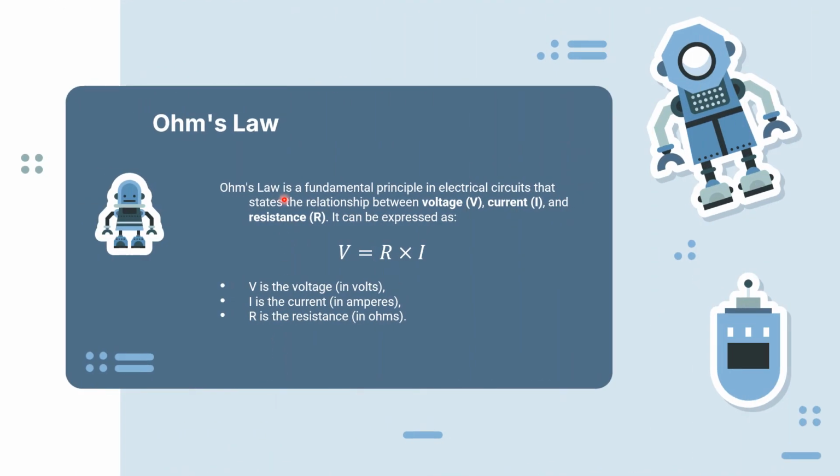As I said, Ohm's law is a very important law in electronic circuits that consists of voltage, resistance, and current, where voltage is equal to resistance times current, and this equation is always true in all circuits. The unit of measurement for voltage is volts, current is amperes, and resistance is ohms.